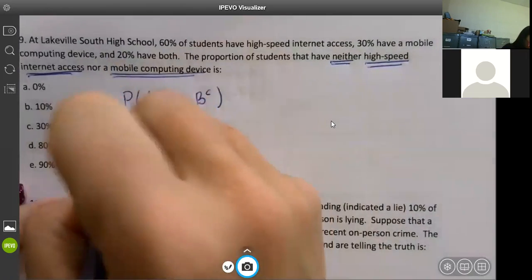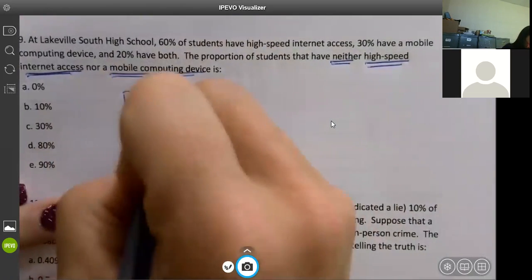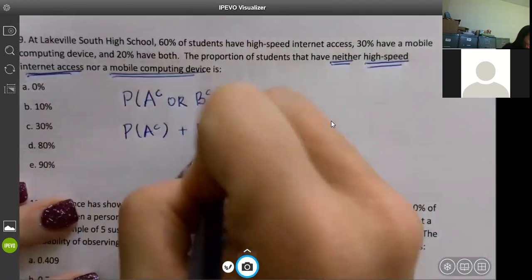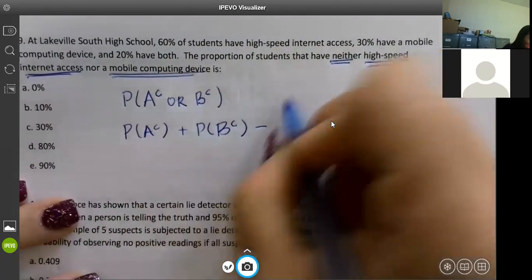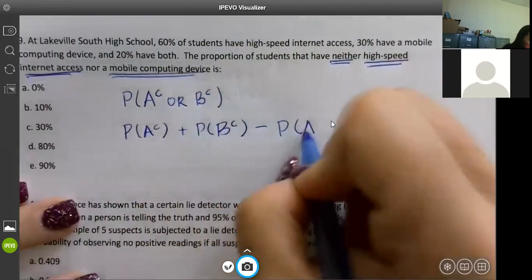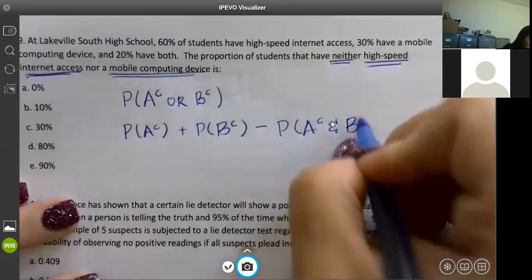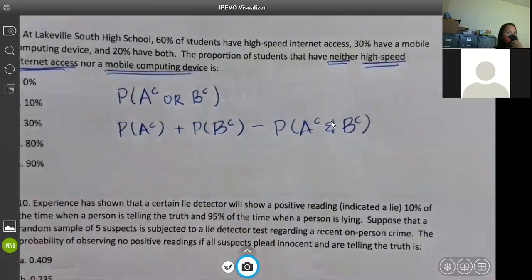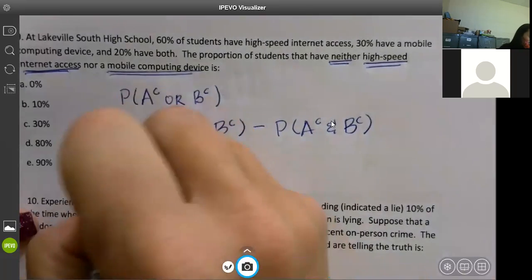So our formula for or is the probability of A complement plus the probability of B complement minus the probability of A complement and B complement. And all that is in there, so don't stress out. It's all right there. So the probability that they have high-speed internet is 60. So what is the chance that they don't have high-speed internet?